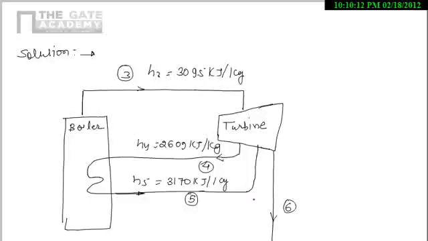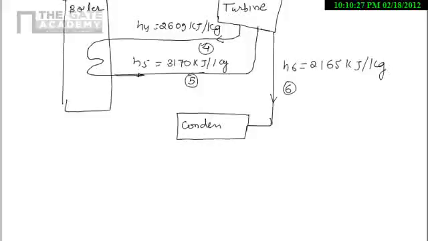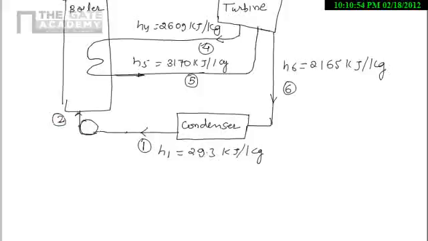Steam leaves at state 6 with enthalpy 2165 and enters the condenser, leaving at state 1 with enthalpy 29.3 kilojoule per kg. It enters the pump, and through the pump it enters the boiler at state 2.